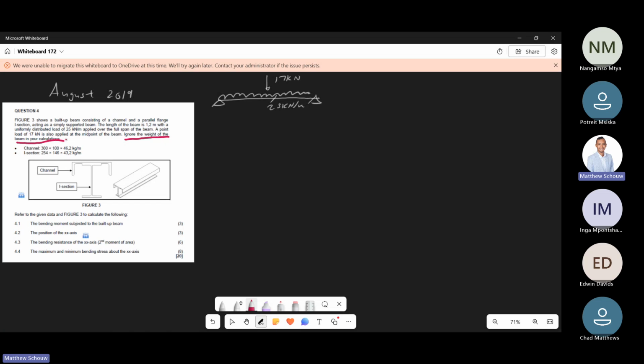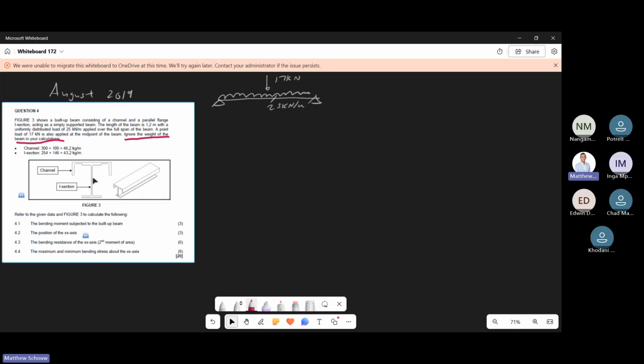So then they're asking for a few things. In fact, they give us the sections. We have an I section, a parallel flange, 254 by 146 by 43 kilogram per meter. We have our channel over there as well, a 300 by 100 by 46.2 kilogram per meter. And then they want us to do the following calculations. They ask us for the bending moment that the beam is subjected to, the position of the x-axis, which is also called the centroid.